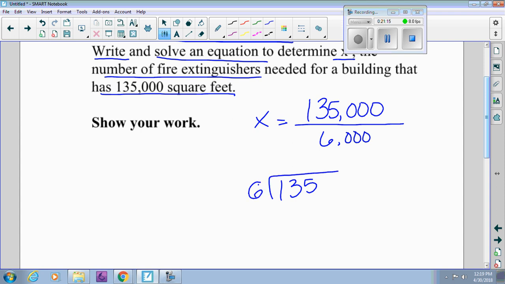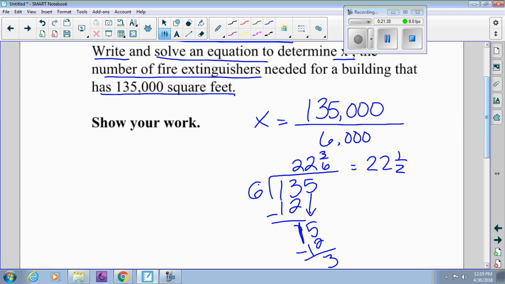Then we'd be dividing 135 by 6. That's going to give you 12, and then 3, 6. So you're going to get 22.5 fire extinguishers.